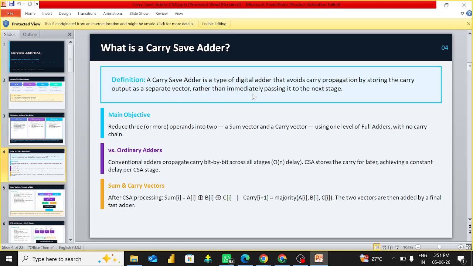This is the most important concept of CSA. So what is the main thing about the carry save adder? It is not going to give the final output. It's only reducing three numbers into two numbers. It's only going to reduce the numbers.